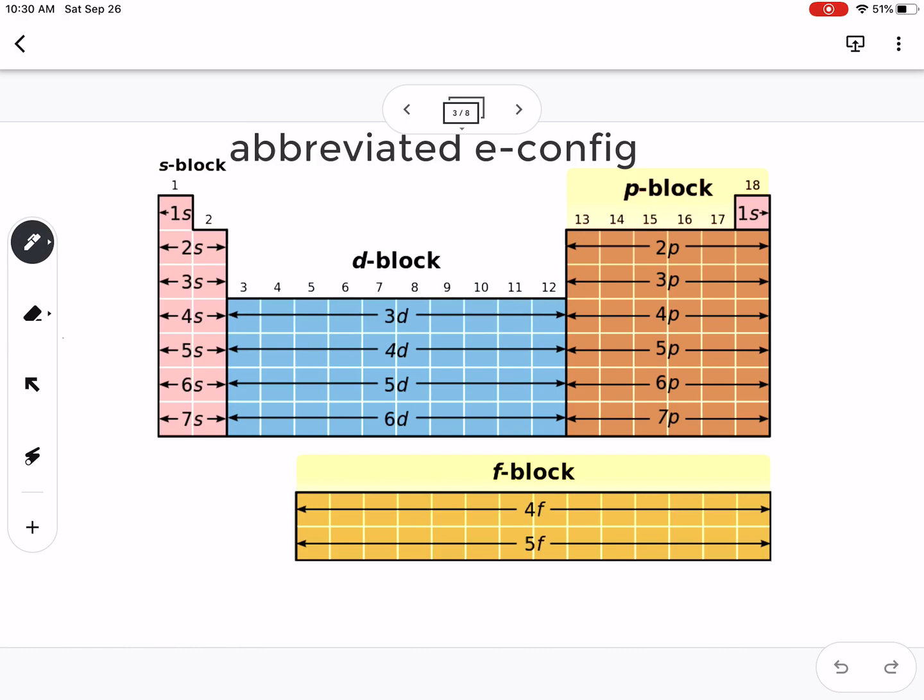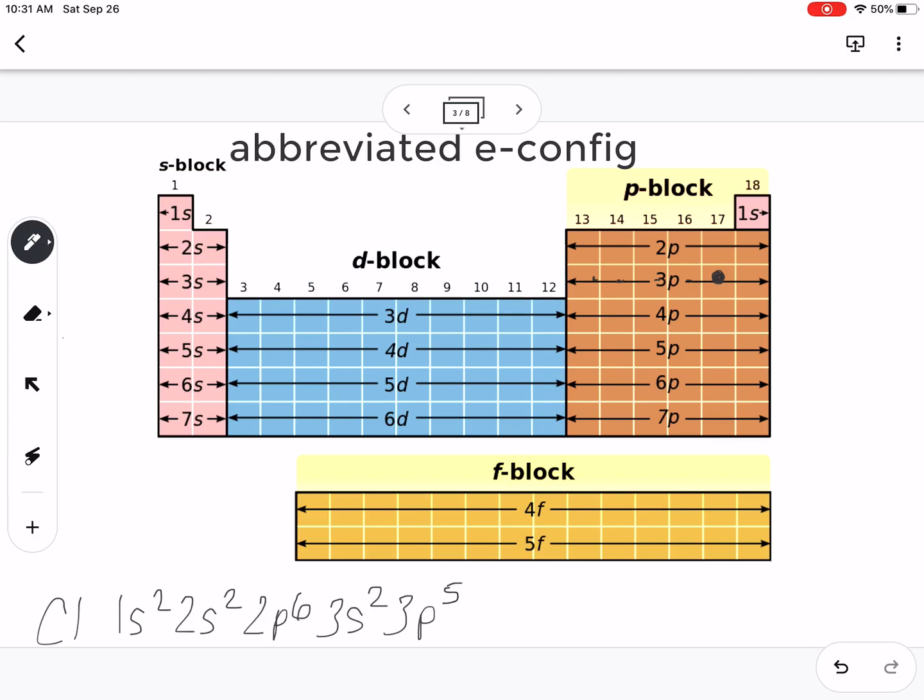So let's go a little bit further here. Let's do this guy. That's chlorine. Okay. Chlorine is 1s2, 2s2, 2p6, 3s2, 3p1, 2, 3, 4, 5.